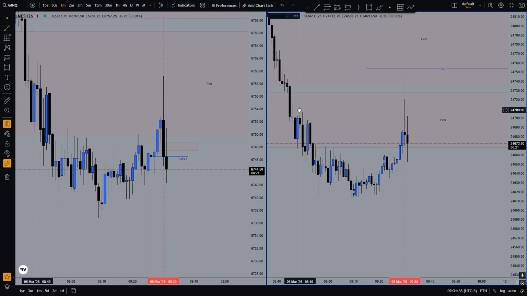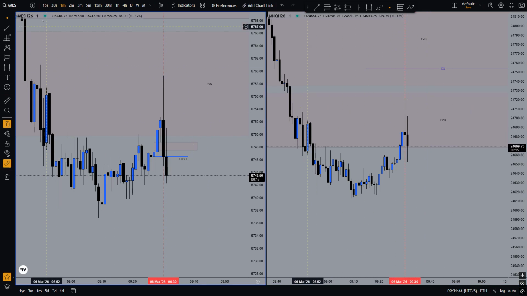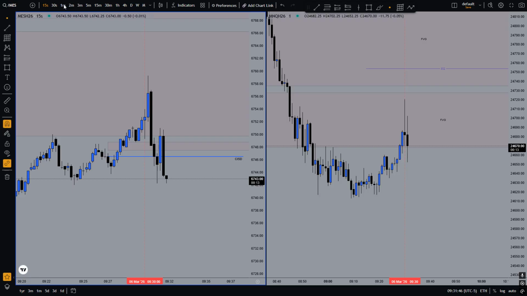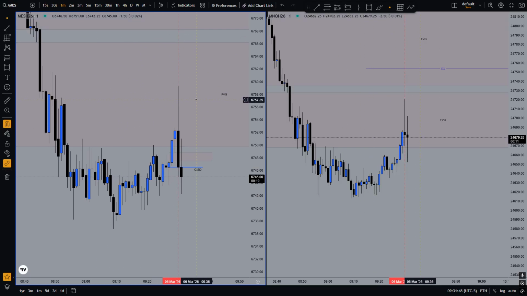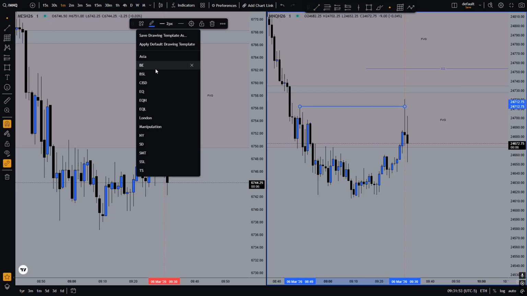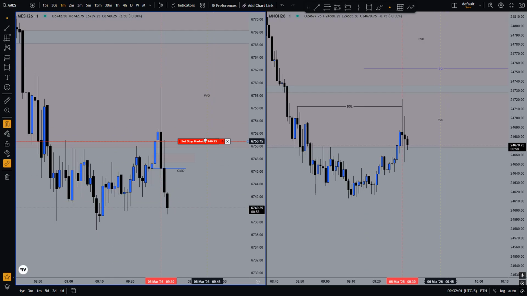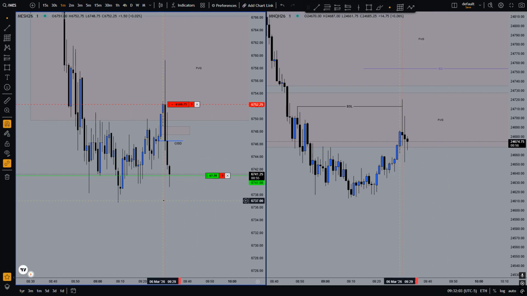So we have these internal SMTs here. NQ took this high, ES did not. See what we get. So I'm gonna take a stab here.